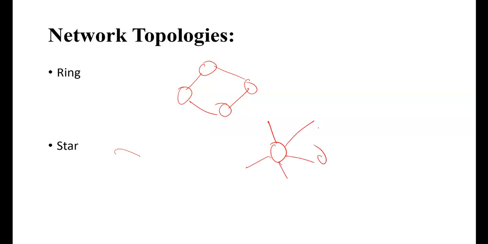It looks like a star. So this is star topology. It depends on the shape of how we are connecting, so with respect to the name of the shape, they are considered like that, ring topology or star topology.